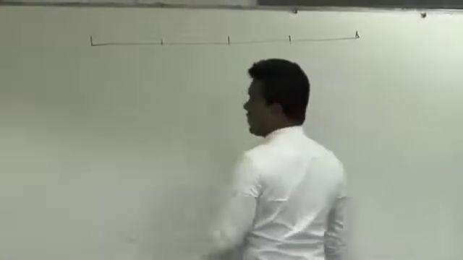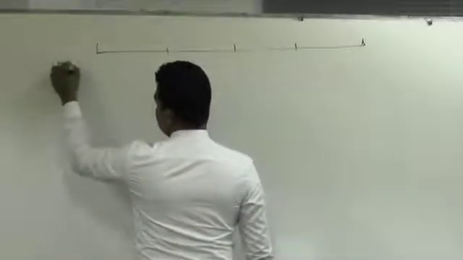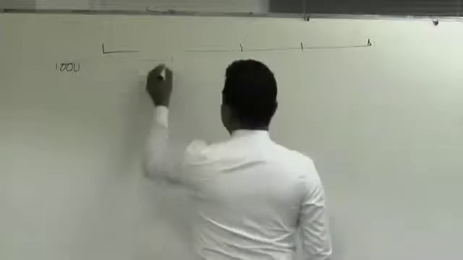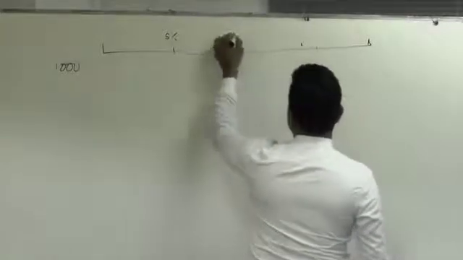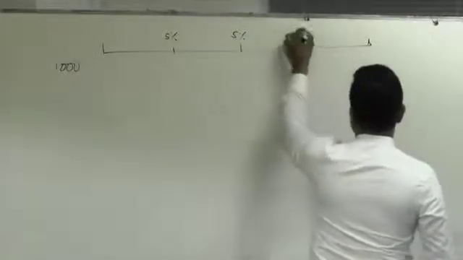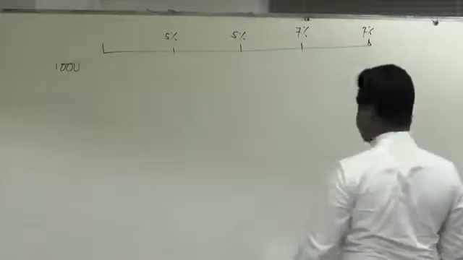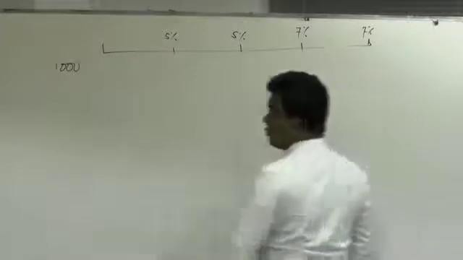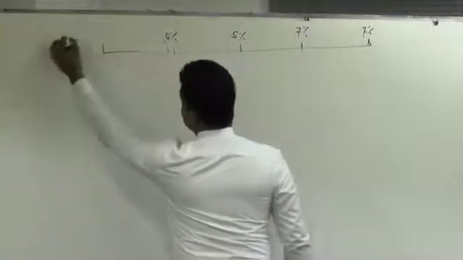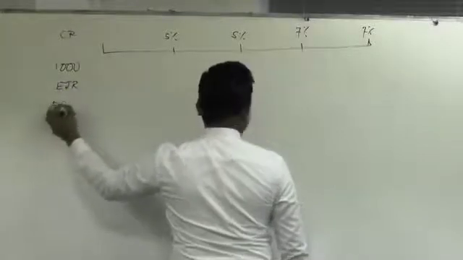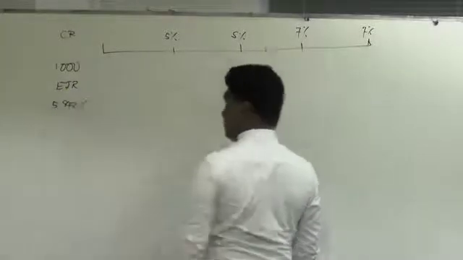The face value is 1 million. Let's take it in 1,000 rupees. First year interest 5%, second year 5%, third year 7%, fourth year also 7%, right? The coupon rate is this, but the effective interest rate as given is 5.942. Clear?